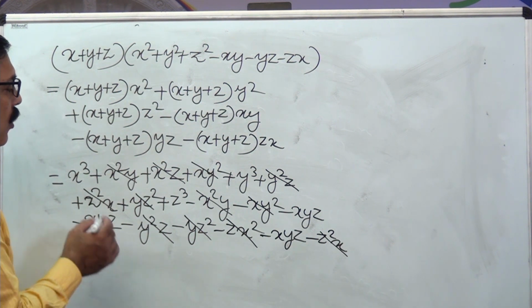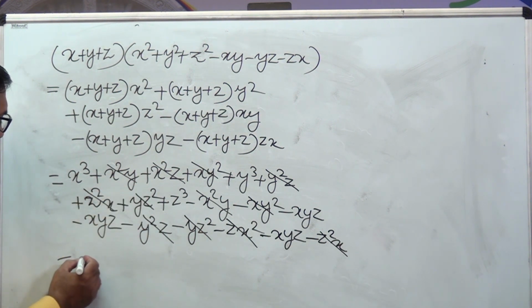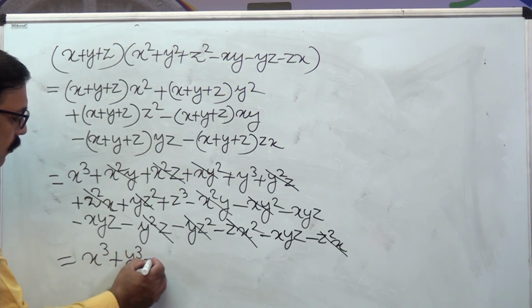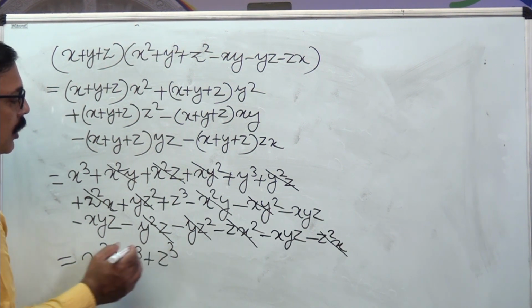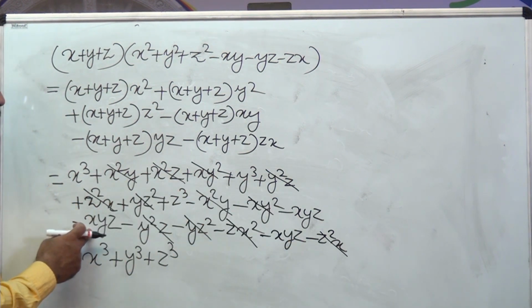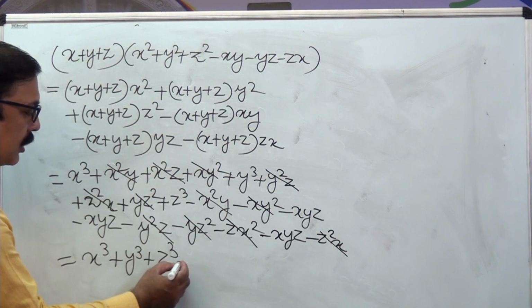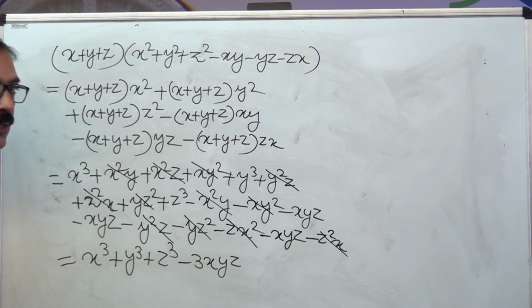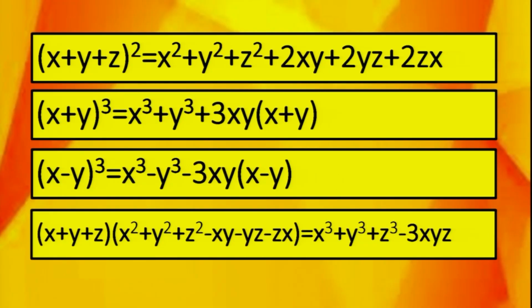In this way, we have only x cube plus y cube plus z cube, and here 1 minus xyz, here 1 minus xyz, and here 1 minus xyz, minus 3xyz. So from this we get x cube plus y cube plus z cube minus 3xyz.